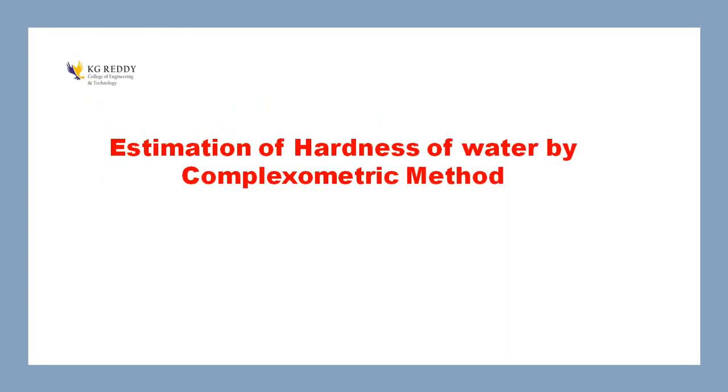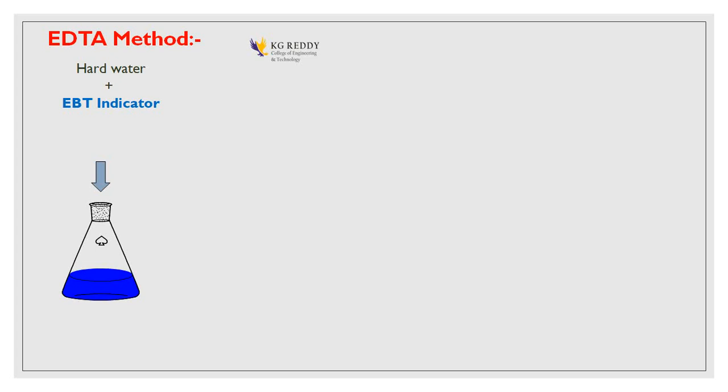Estimation of hardness of water by complexometric method. In this complexometric method we use EDTA, right? This is similar to what we discussed in volumetric analysis in 10 plus 2. For example, in volumetric analysis with an acid, we take 20 ml of acid into a 250 ml conical flask, then add an indicator, maybe methyl orange or phenolphthalein.